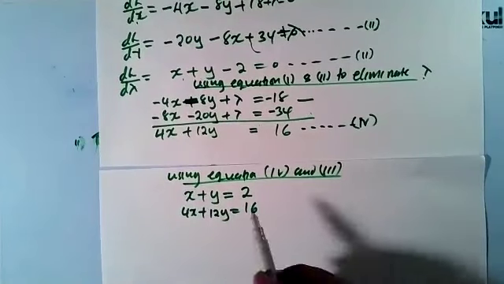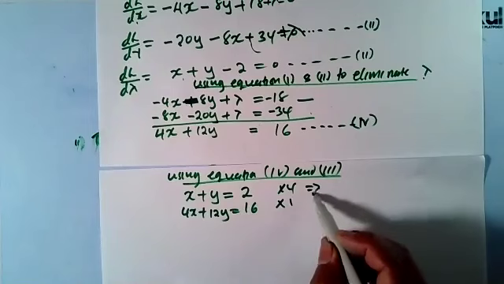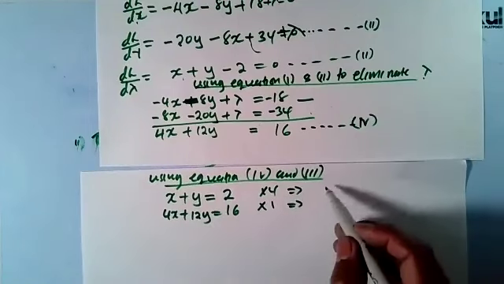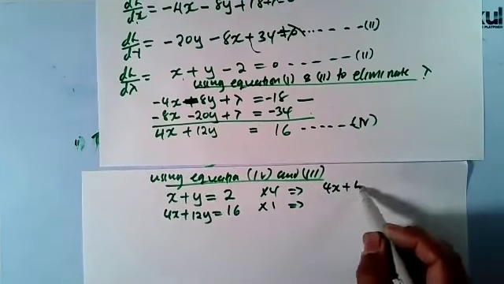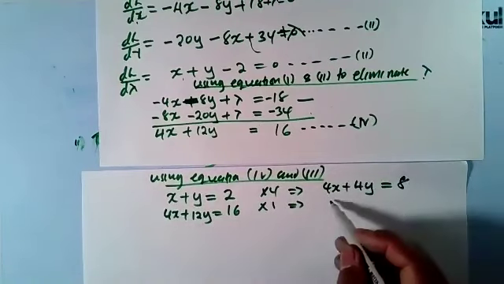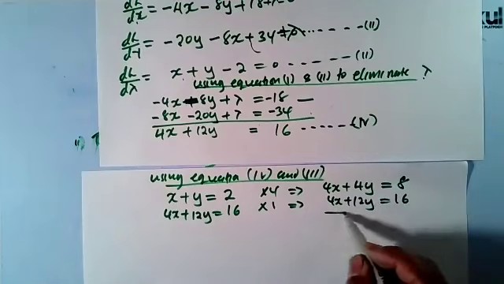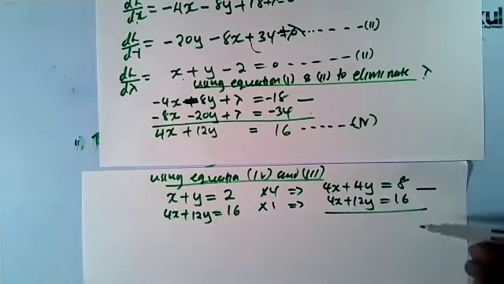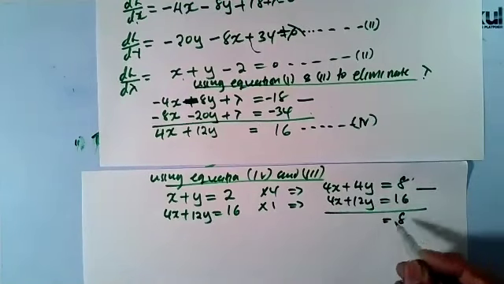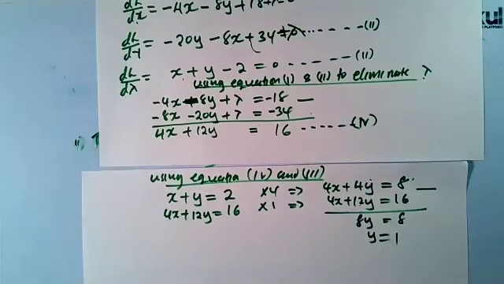So from there, we can eliminate x. You multiply by 4, you multiply by 1. So this will be 4x plus 4y is equals to 8. This remains 4x plus 12y is equals to 16. Then you minus. 16 minus 8, you get 8 is equals to 12 minus 4, you get 8y. So that means y is equals to 1.